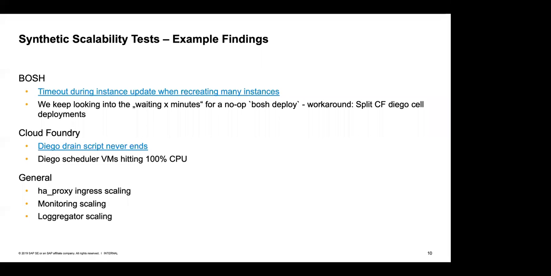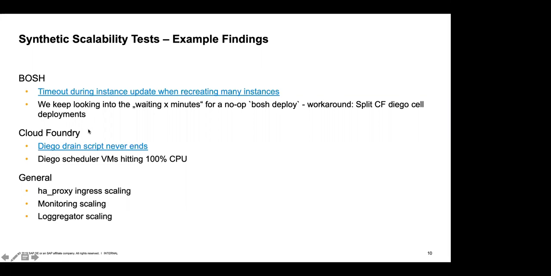The next step that we want to look into there is splitting that BOSH deployment containing all the Diego cells further into reasonably sized chunks, so that each of those chunks can be updated in a much smaller time. So that's something that we are currently looking into.